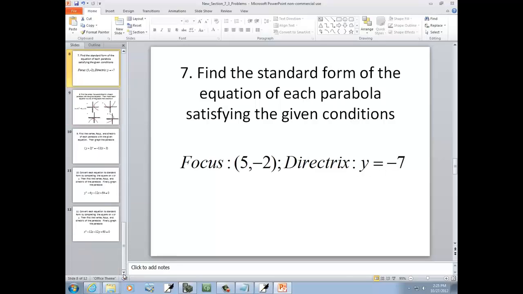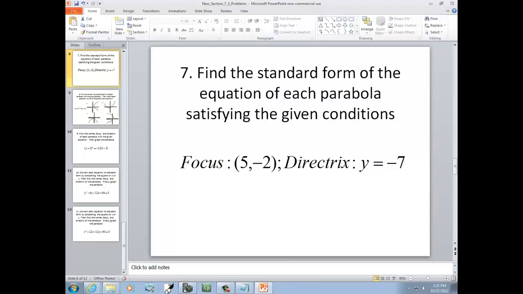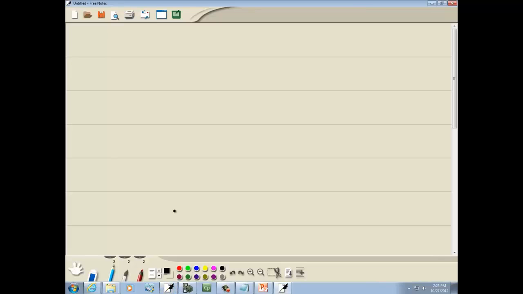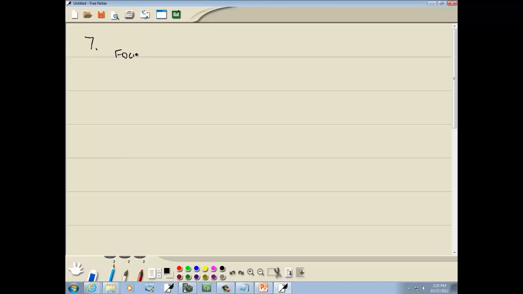One more of those. Okay, number 7. The focus is 5, -2.